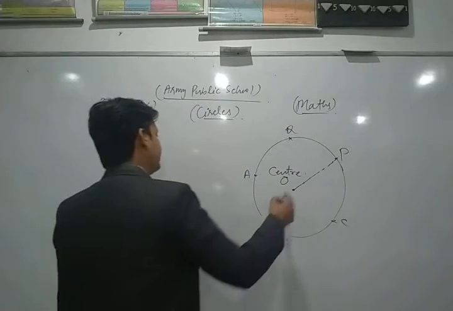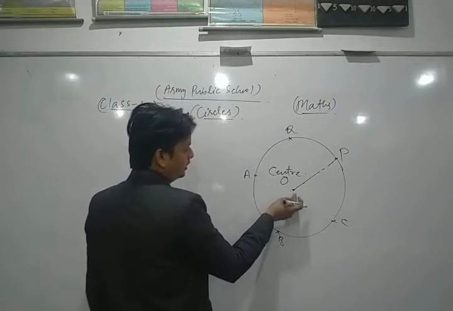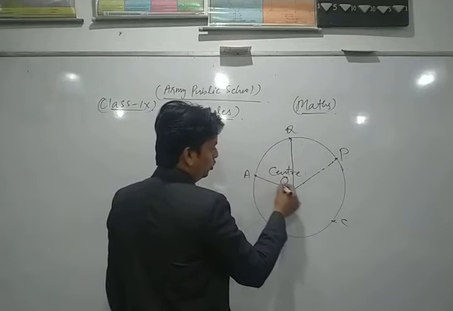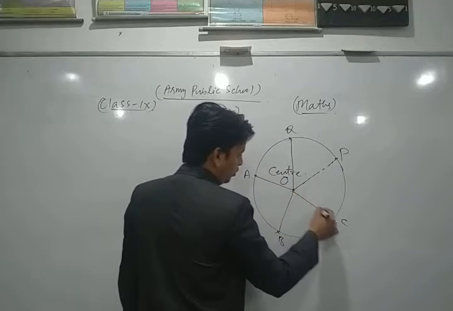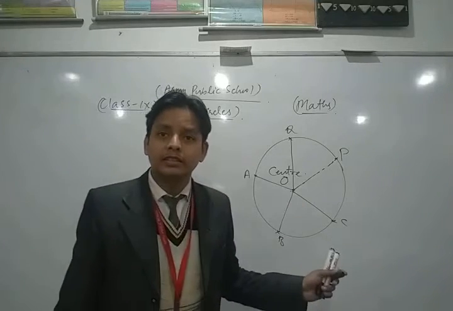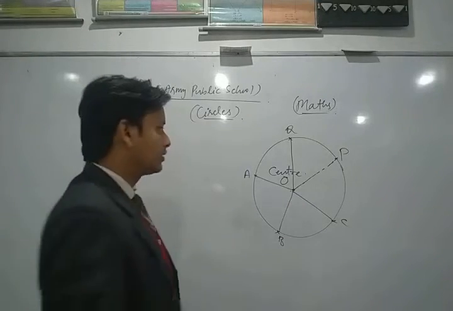The distance between the center and any point on the circle, like OQ, OA, OB, OC and OP, remains constant, and that constant distance is called the radius of the circle.